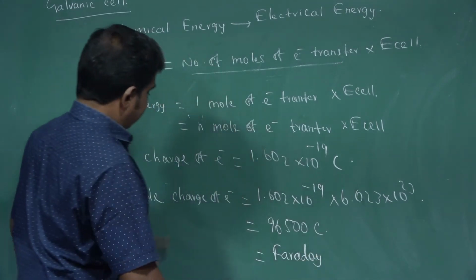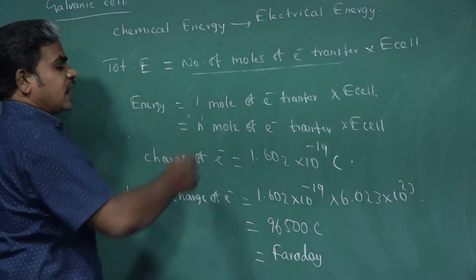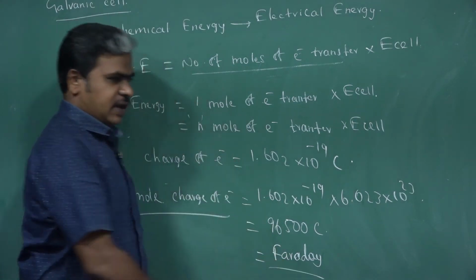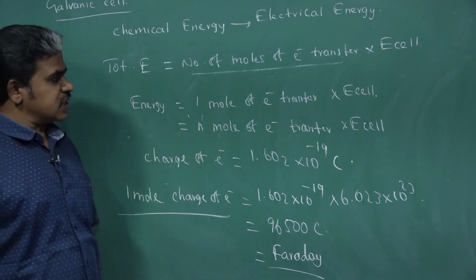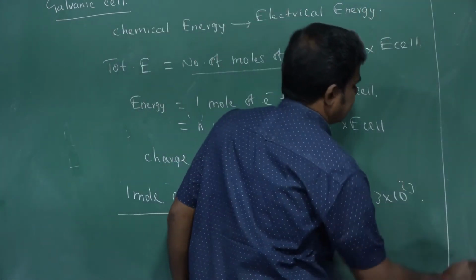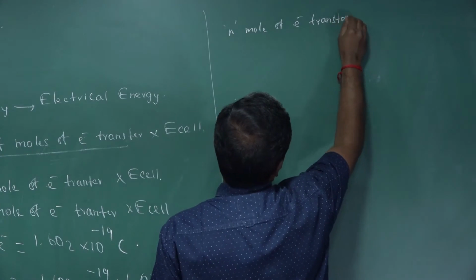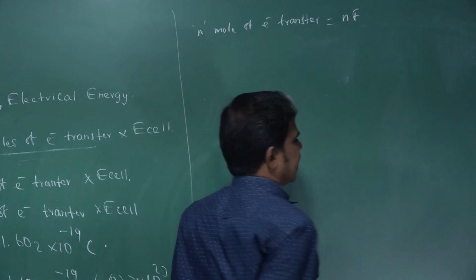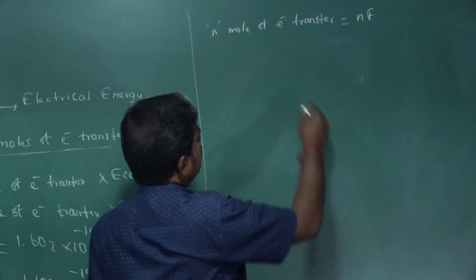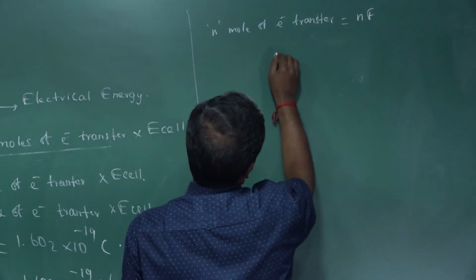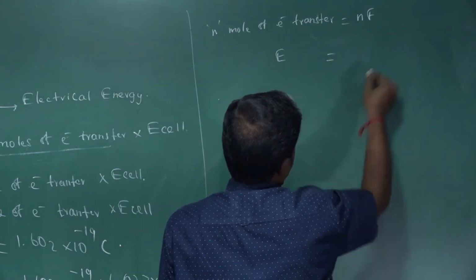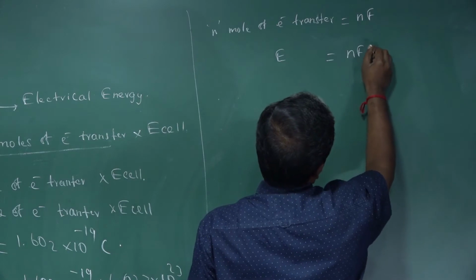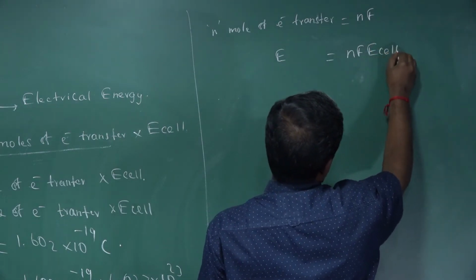For 1 mole of charge transfer, we get 1 Faraday. For n moles of electron transfer, it is n Faraday. Now the total energy: the energy of a galvanic cell is nothing but n into F into E cell.